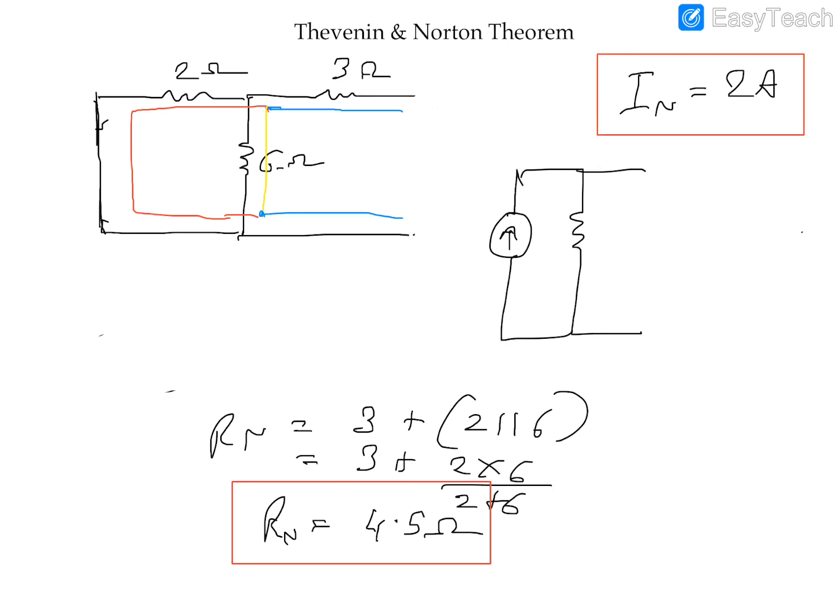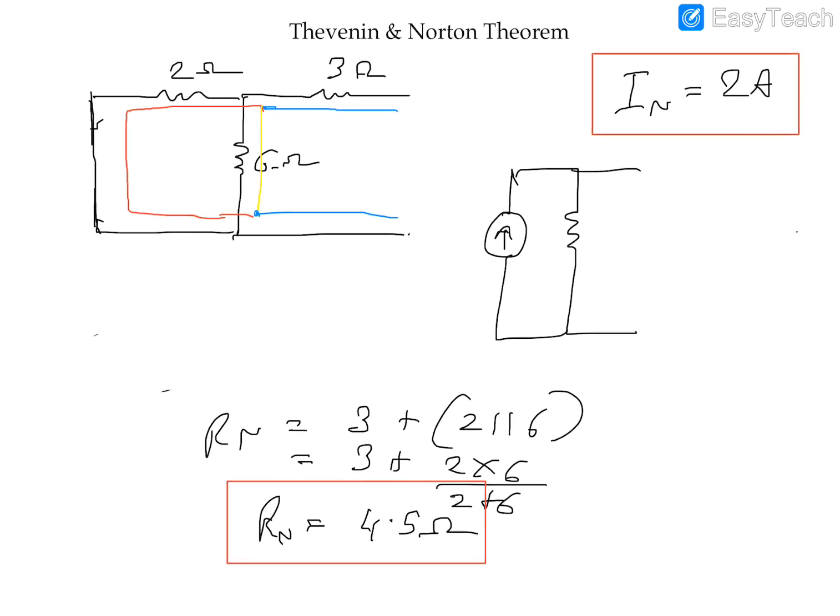And I can finally hook up my load right here. My load resistance, if you remember, was 1.5 ohms. My Norton's equivalent resistance is 4.5 ohms, and my Norton's current is 2 amperes.